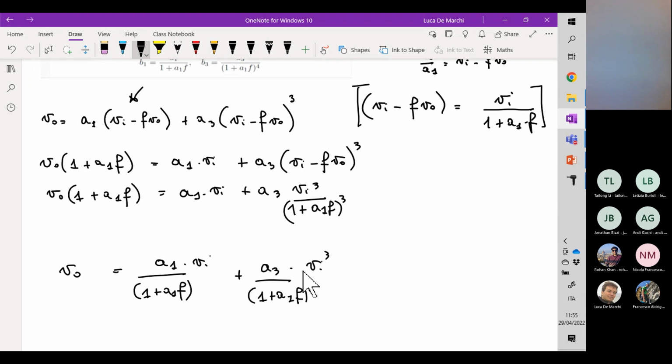Okay, in this point the loop gain is equal to 0 dB, and then we have to jump into the phase curve. By the way, the phase curve of A of j omega is equal to the phase curve of A of j omega times f if f is not a function of the angular frequency. So, as is typical, we can focus on the phase of A of j omega.